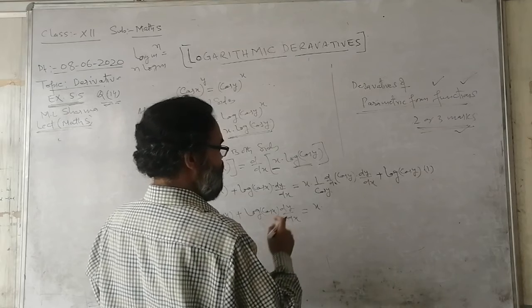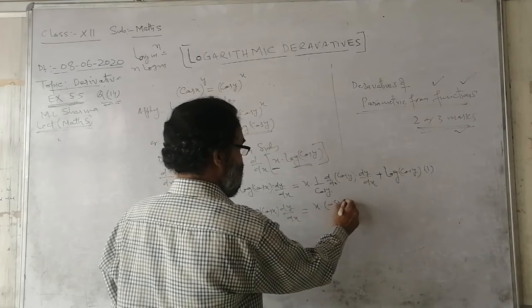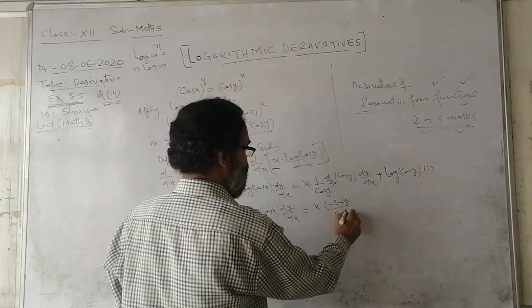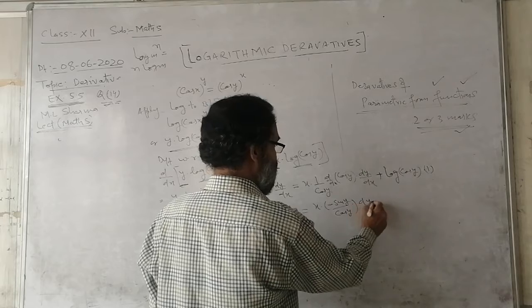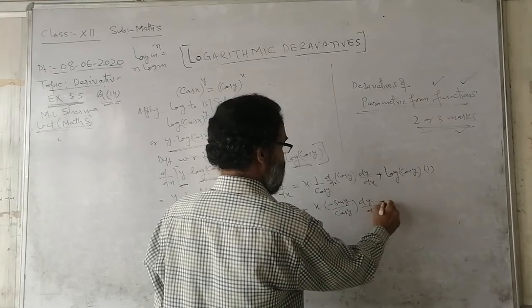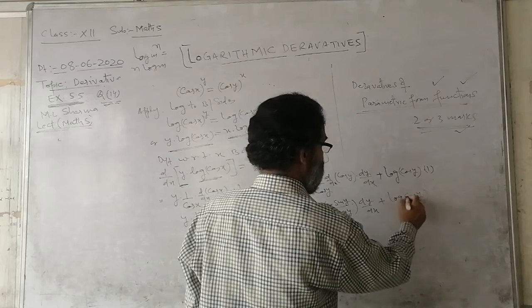Derivative of cos y is minus sin y, so I will have minus sin y upon cos y and dy upon dx, plus log of cos y.